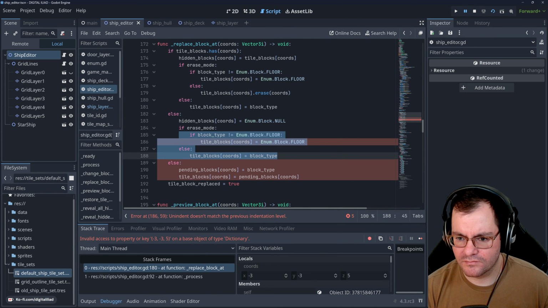I don't know why I totally have the pending block structure. Actually, I do know why. So we should just do this.